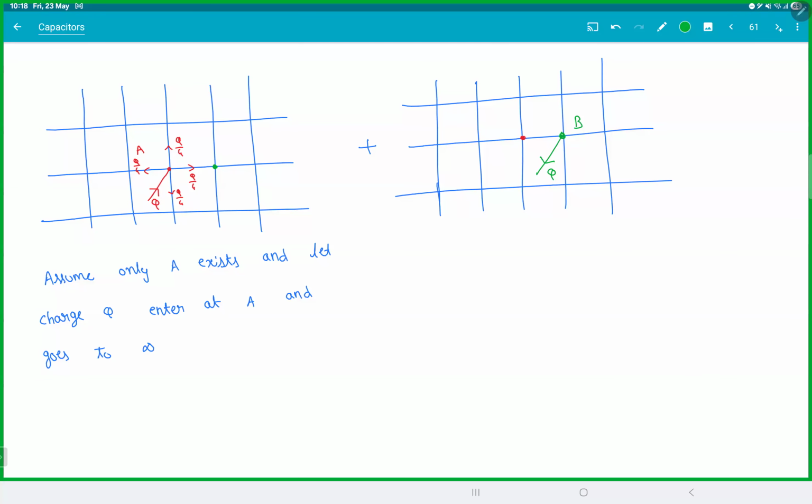That means the positive terminal is at infinity. The charges will come Q by 4, Q by 4, Q by 4, and Q by 4, the same way but in reverse. Assume only B exists, and let charge Q come out of point B.